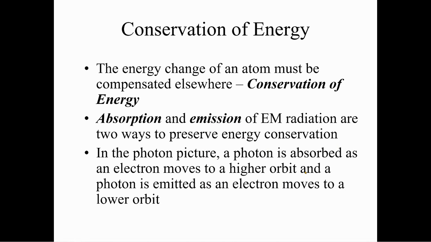Conservation of energy: the energy change of an atom must be compensated elsewhere. Absorption and emission are the waves it absorbs to get excited, and it emits when it leaves that excited state. These are two ways to preserve energy conservation. In the photon picture, a photon is absorbed as an electron moves to a higher orbit, and a photon is emitted as the electron moves to a lower orbit.